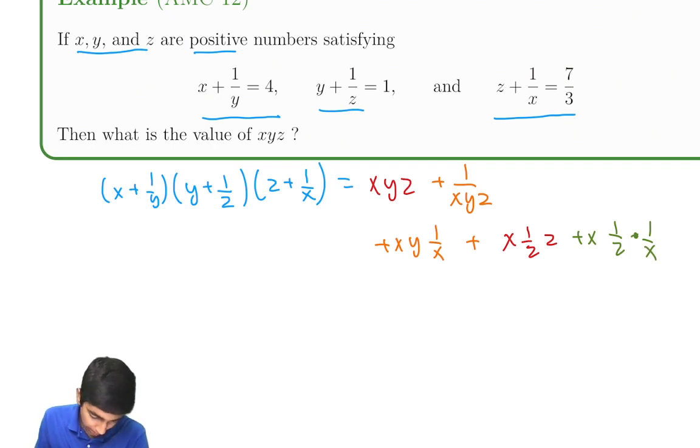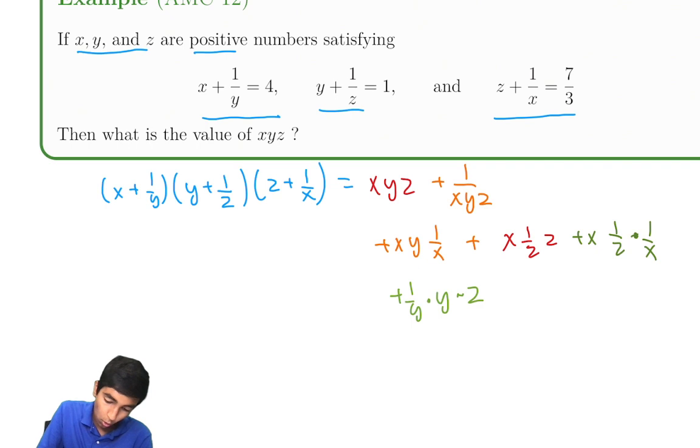And also, finally, we can also have 1 over y, if this is a term we choose from this expression, 1 over y times z. Or we also have 1 over y times y times 1 over x. And then finally, we have the last term, 1 over y times 1 over z times z.